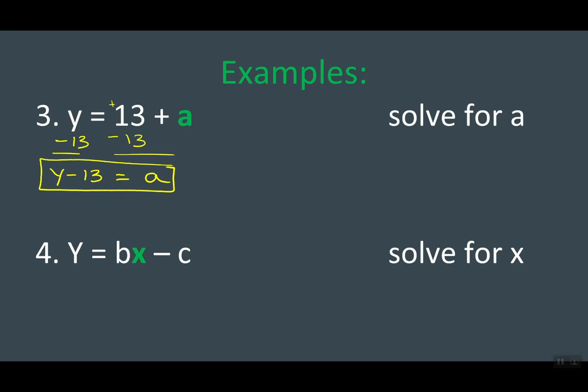Okay, for number 4, y equals bx minus c. So here, I have 2 operations that I'm going to have to do. I can see it's b times x, so I know I'm going to have to divide by b to get rid of that. And then minus c, so I'm going to add c to move it over to the other side. Which one do I do first? Remember our order of operations, and we're working backwards.